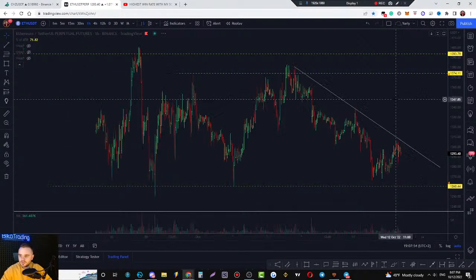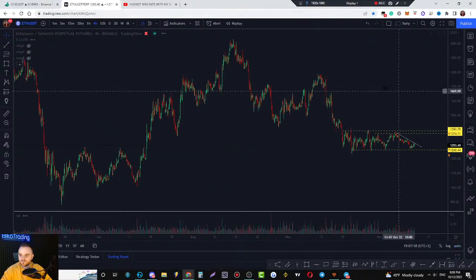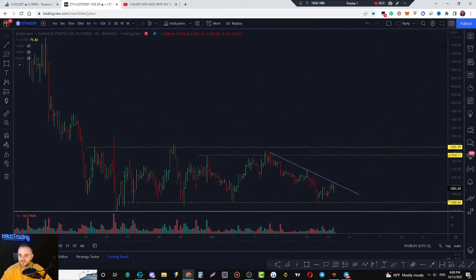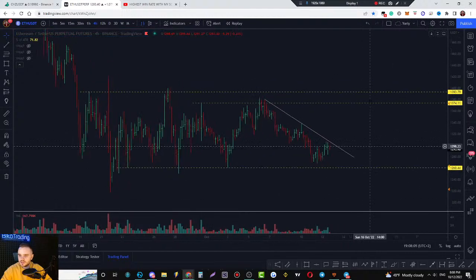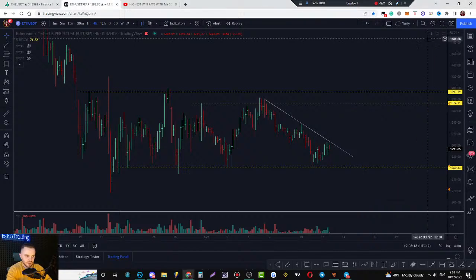A really good area to take long on ETH is below this range. For example, price could make a bull trap, take stop losses in this area or even retest it, then drop really below, and only after that could there be a significant rise.